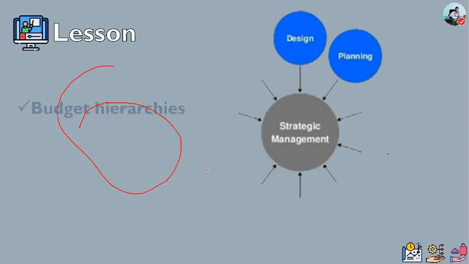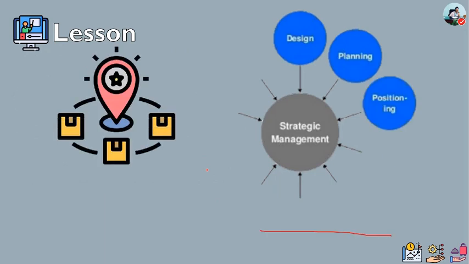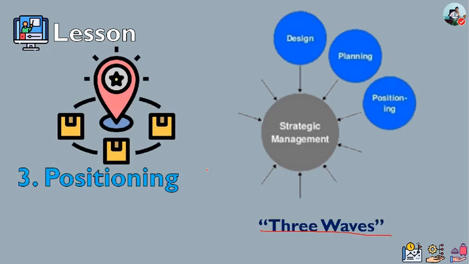business. And then the third one is the positioning. The important thing here is the three waves. The highlight on this topic is that we must position our business or our organizations with the competitors that surround our businesses.